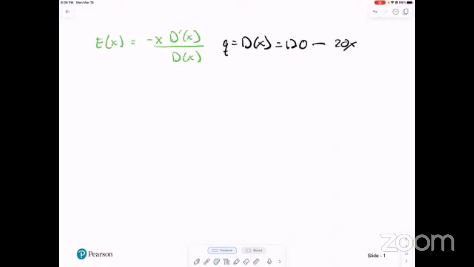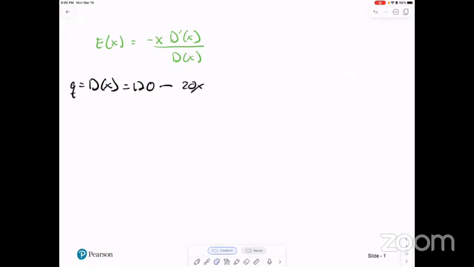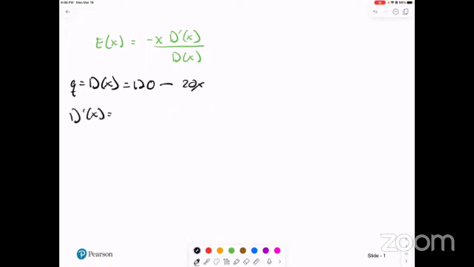So then we're asked to find the elasticity of this demand function. So let's give it a go. Let's find D prime. Looks like it's just negative 20, because the derivative of the constant is 0, and the derivative of negative 20x is just negative 20.